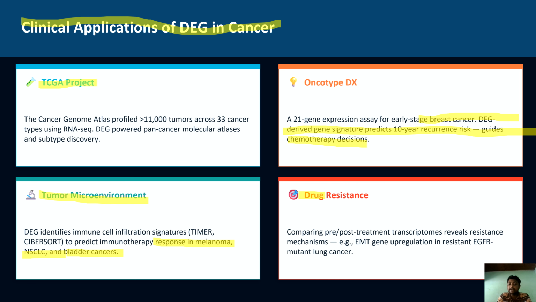Then drug resistance patterns, comparing the pre and post treatment transcriptome analysis, we can also predict drug resistance from there, because every drug cannot affect every cancer, or the same cancer subtype is there but the patients are different. Also every patient does not respond to the same cancer drug.